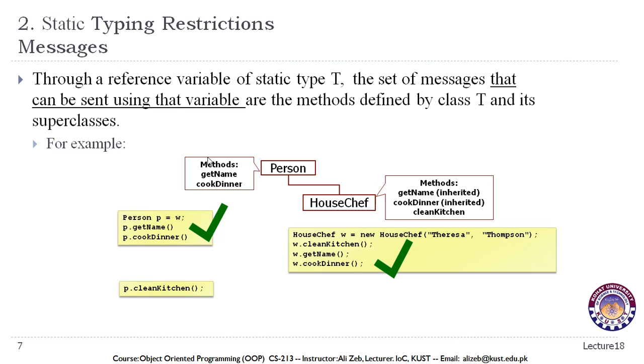But if we try to call the subclass method with the object of the superclass, that will not be allowed by the compiler, and we will get a compile time error for this method call.